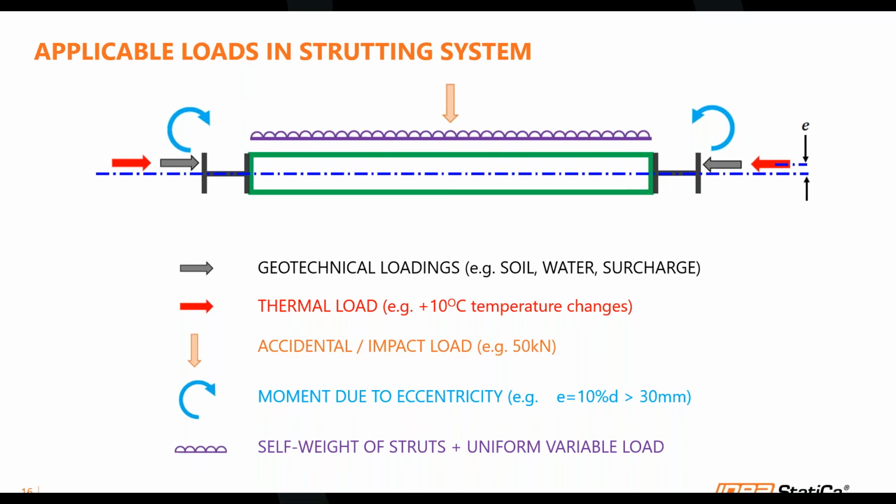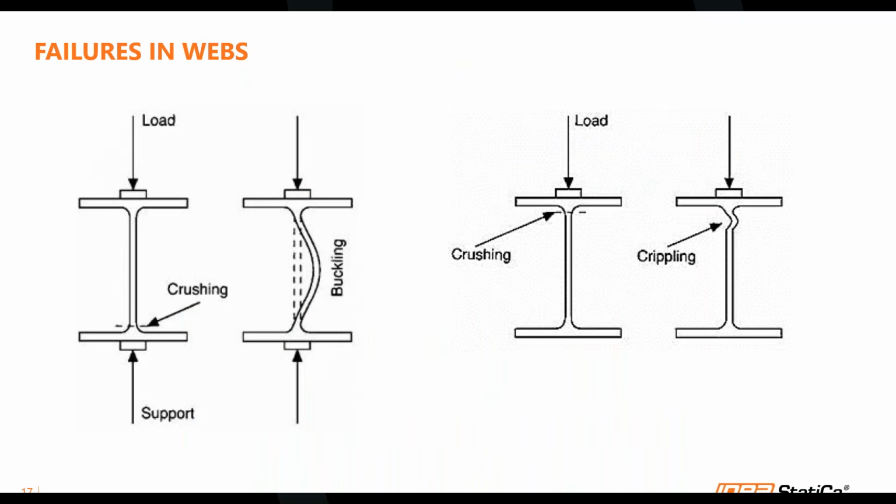So what are the types of failure that can usually occur? Specifically for strutting systems, it is very common that we design using a global analysis, a global FEA model. And in a global FEA model, we oftentimes only check the member. If the member is okay, this is good enough already.